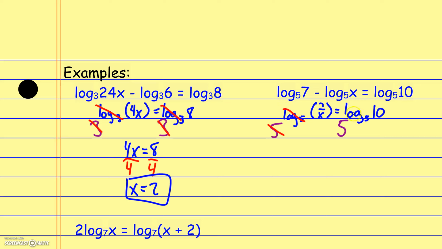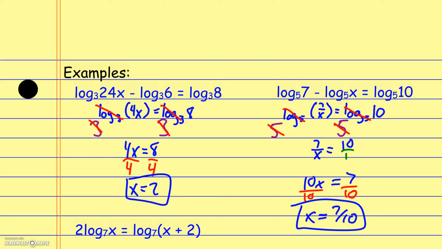The log base 5 and the 5s cancel. So I'm left with 7 over x equals 10. And probably the easiest way to finish solving this one, keep in mind this is like 10 over 1, I would cross multiply. So I do 10 times the x gives me 10x. I do 7 times the 1 gives me 7. And now I divide each side by the 10. So I find out that x equals 7/10. And that's an okay solution.